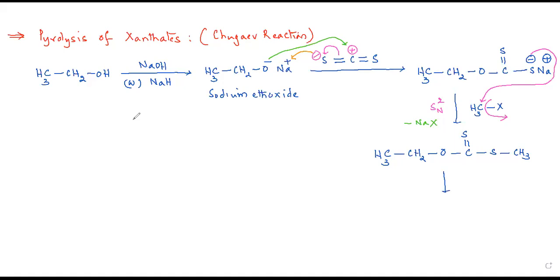Now, this on further heating will do the rest of the things. Let me take this CH3 in this format so that I can show you the formation of the product straight away. Same as the previous one. Come on.